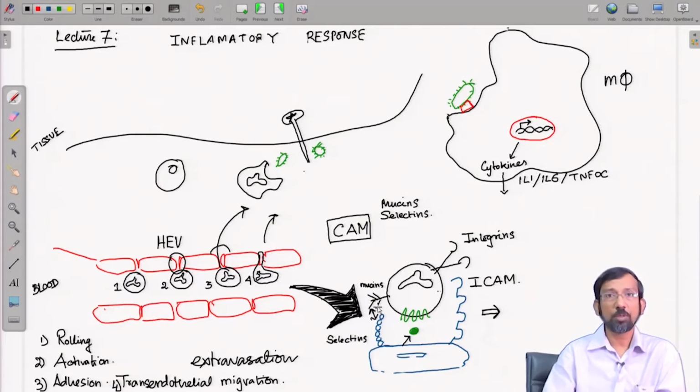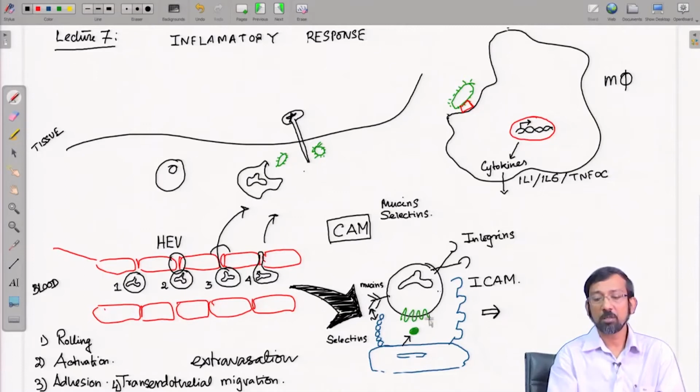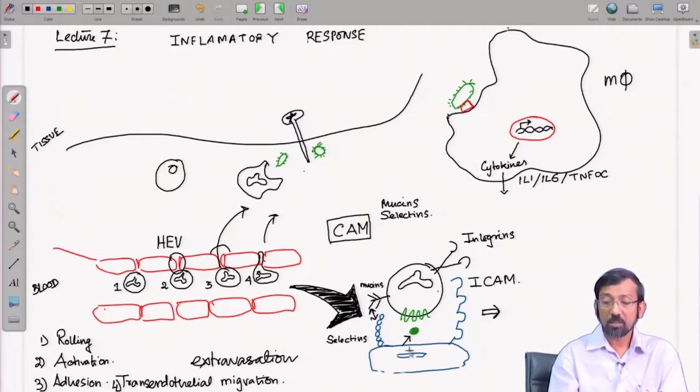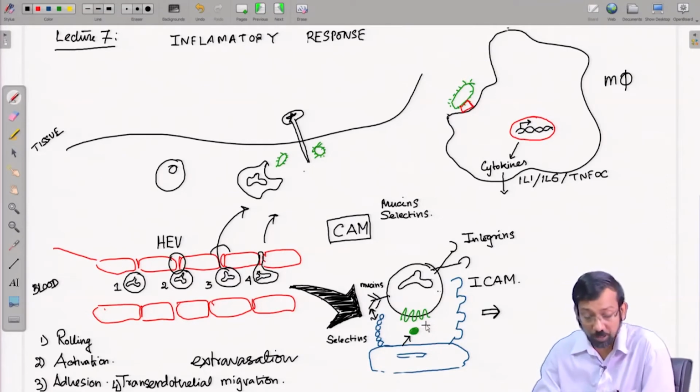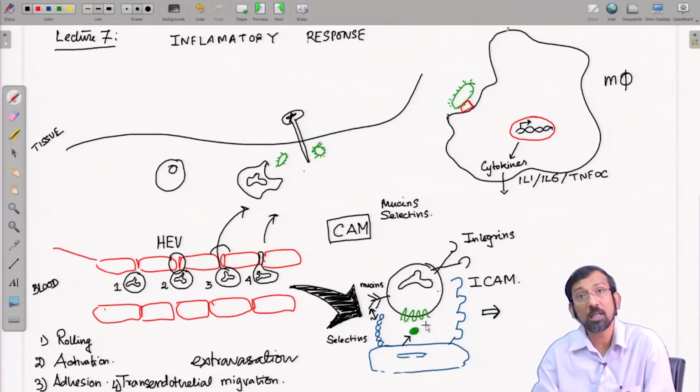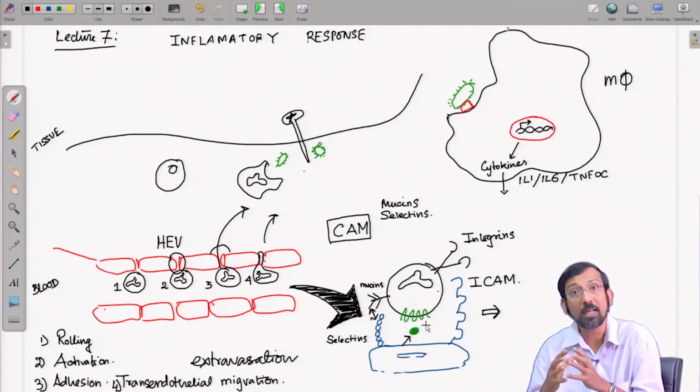If you look at the picture here, this is a chemokine receptor, for example, expressed on the surface of a neutrophil, and this green circle describes a chemokine. A chemokine is being secreted by the endothelial cell, and the chemokine to chemokine receptor interaction is something like an iron to magnet attraction.